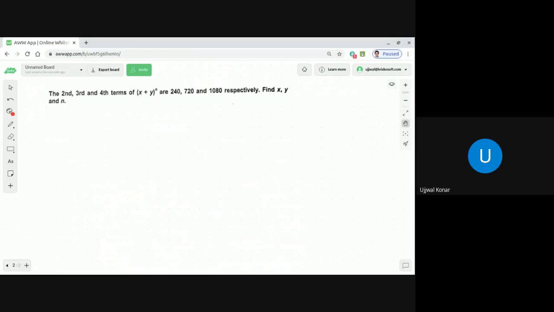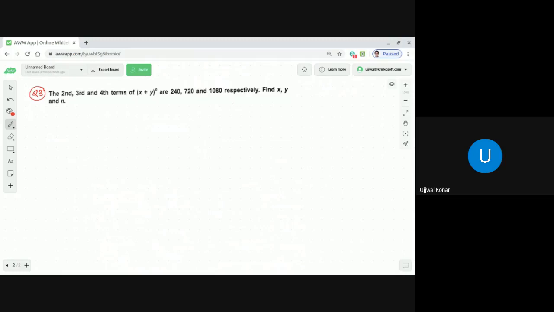Find x, y, and n. If someone of you has any difficulty understanding the question, please feel free to ask me. I'll explain, no problem. But once you understand, you need to apply the concept to achieve the solution.